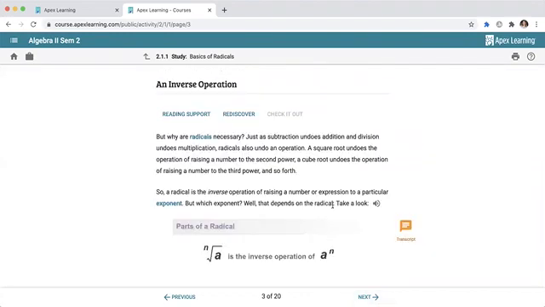Okay, so again, looking at inverse operations, the inverse operation is the operation that's going to undo the function of another. So that's the whole point, we've got to be able to go forwards and backwards with these mathematical operations here.